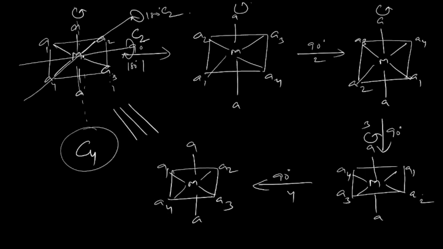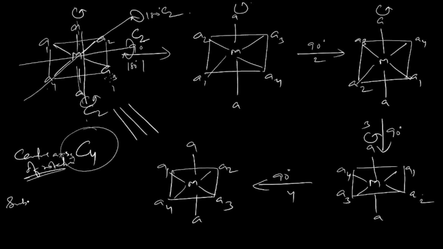And one more axis of rotation here, this one, C2. Here also C2. First A4 will go there, C3 will come here. Second A3 will go there and C4 will come here. So these are the subsidiary axes of rotation. This one is the center axis of rotation, or main axis of rotation, or principal axis of rotation, C4.